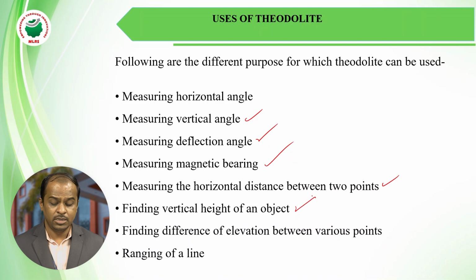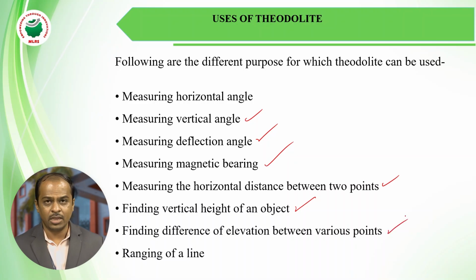Next, finding difference of elevation between various points. By fixing the telescope of the theodolite to 0 degree, 0 minute and 0 seconds, we can use it as a leveling instrument, like a dumpy level. By that also we can calculate the elevation of different points.